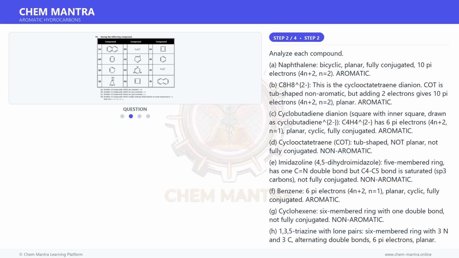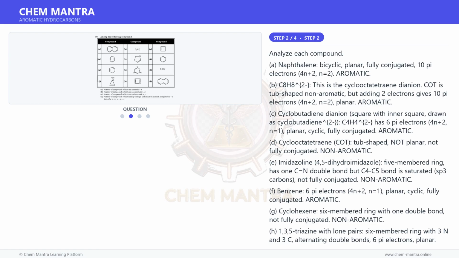Aromatic. K. 4-membered ring with N, azete or 1-azetine type, shown with 2 double bonds in a 4-membered ring containing N, fully conjugated, 4 pi electrons, 4n, n equals 1. It is anti-aromatic. This appears to be azete, 1H-azete, or similar, with 4 pi electrons in a planar ring.